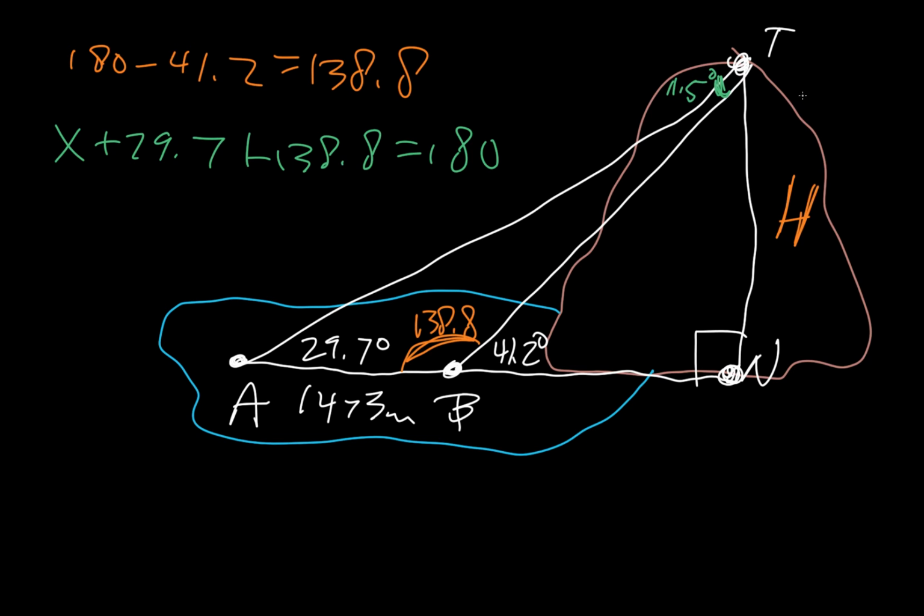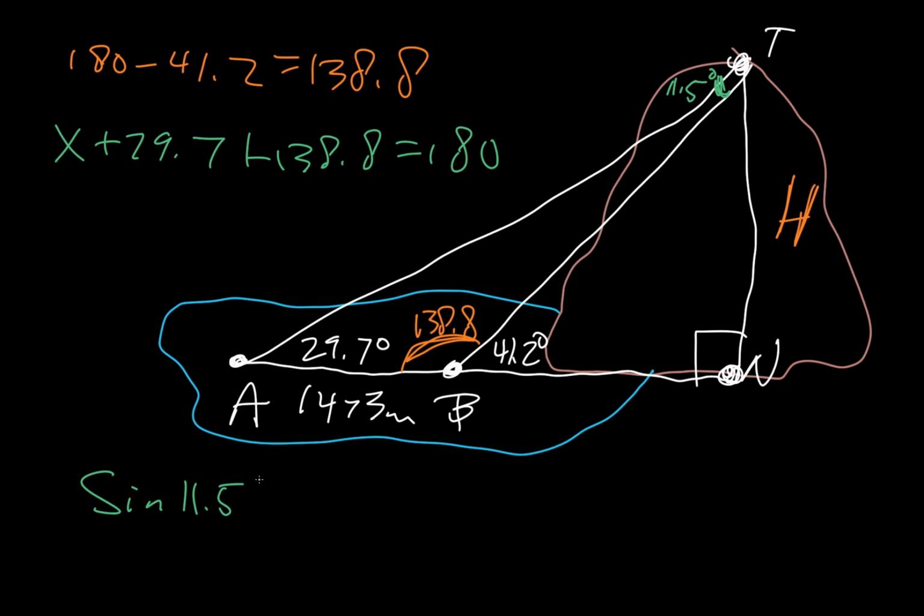Okay. Now, with that angle, we can set up a couple things. If we can find the length of this, because we have the opposite and then the opposite here, we're going to use law of sines.